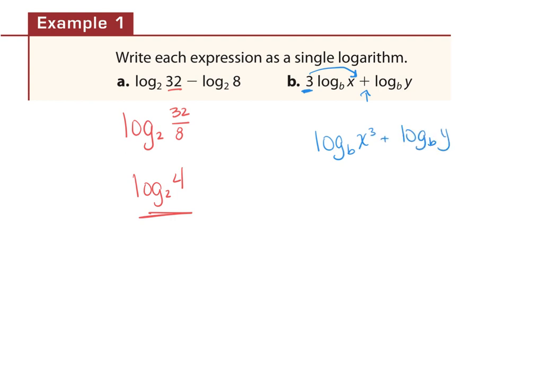And then which one dealt with addition? Which base property deals with addition? Multiplication, division? Yeah, multiplication. So now we can rewrite this to one log. Log, our base is b. We're going to say x cubed times y. So we can condense into one logarithm.